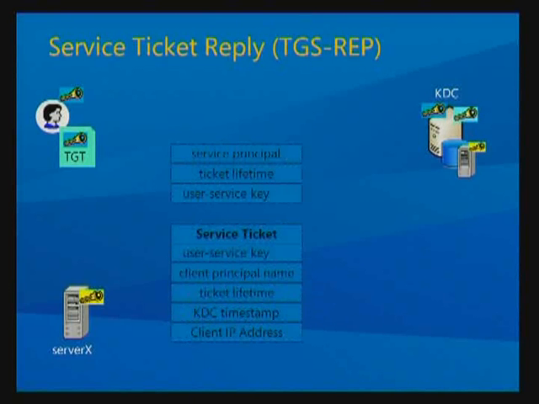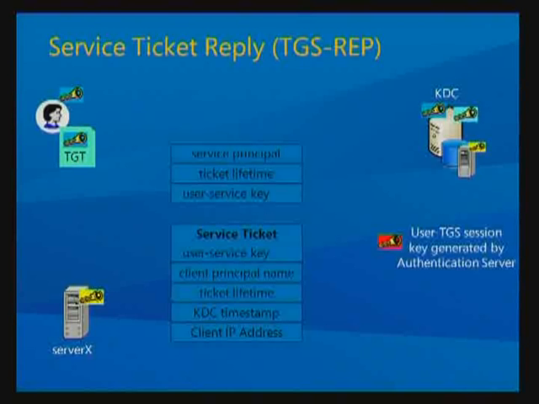So now, when the service ticket reply comes back, we generate a user to TGS session key, and we place that in the user service key there. It's placed in the service principal top part and also in the service ticket lower part.